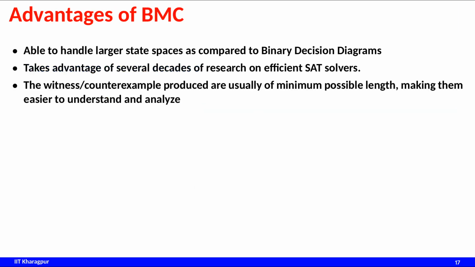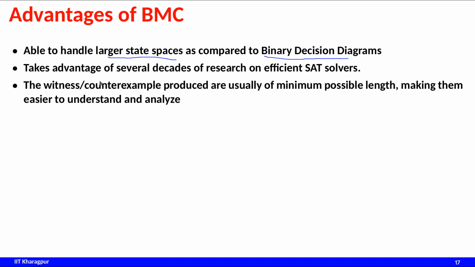So the advantage of bounded model checking is that if you use a SAT based method, it can explore a larger state space compared to the binary decision diagram or the traditional symbolic approach. And since we have a powerful SAT solver, it's better to use this methodology for checking the satisfiability.